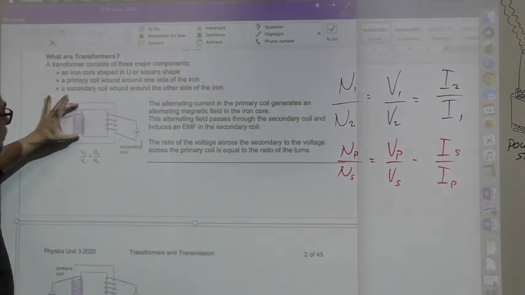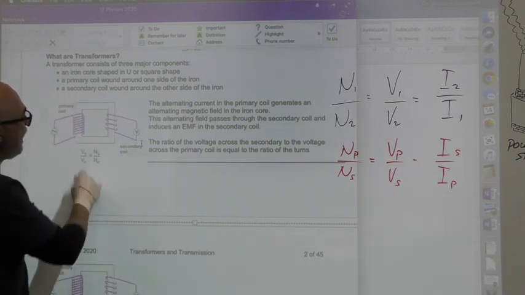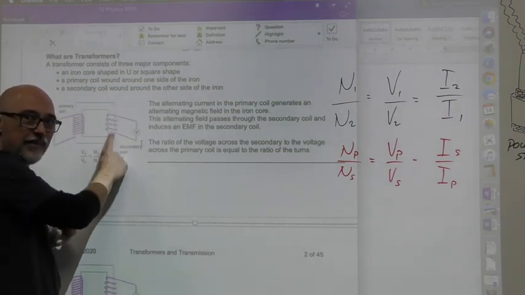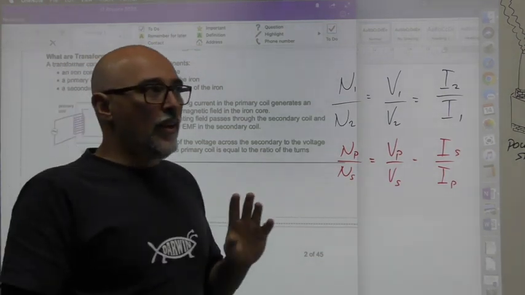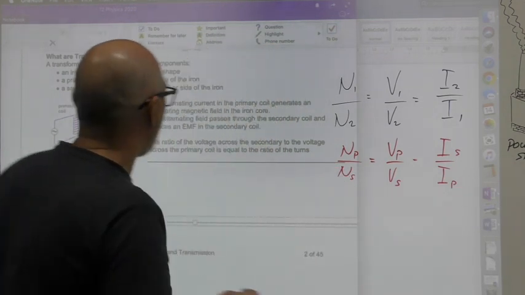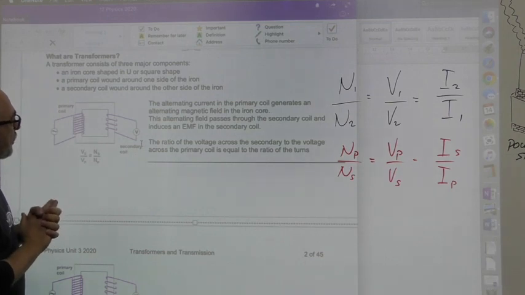Basically, if you create lots and lots of magnetic fields with lots and lots of turns on this side, that wash over fewer turns on this side, then your voltage steps down, okay? So, I don't know if I explained that very well.